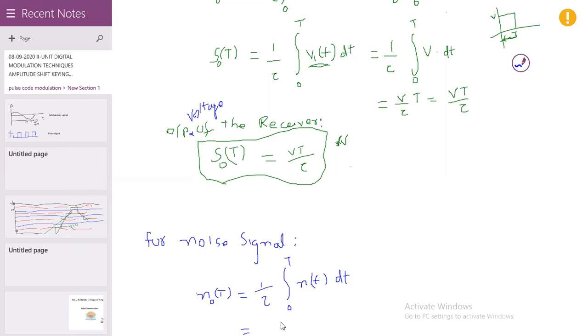Please note that down. The derivation is available there, so please refer to it.